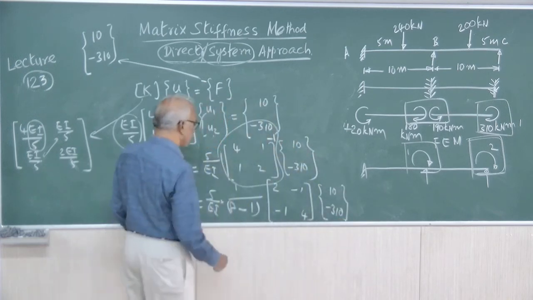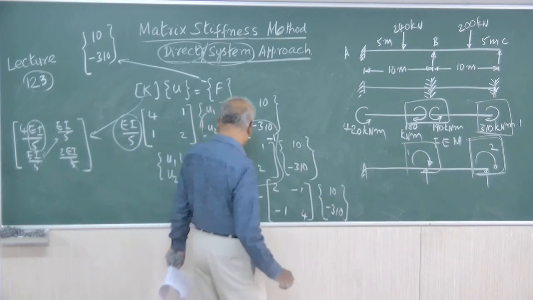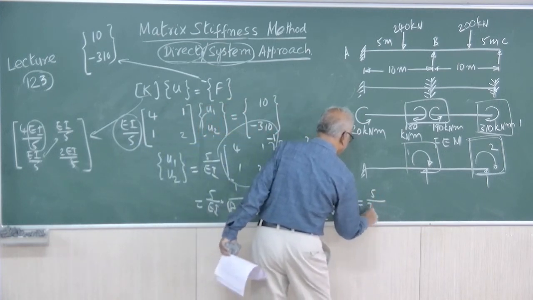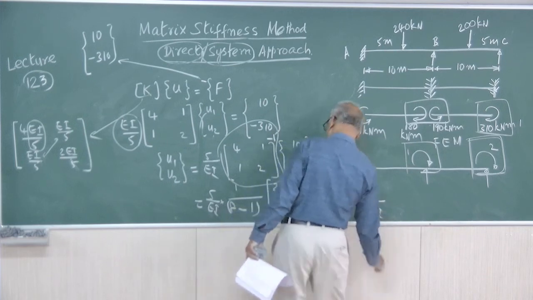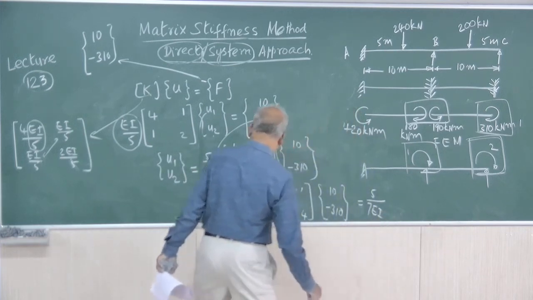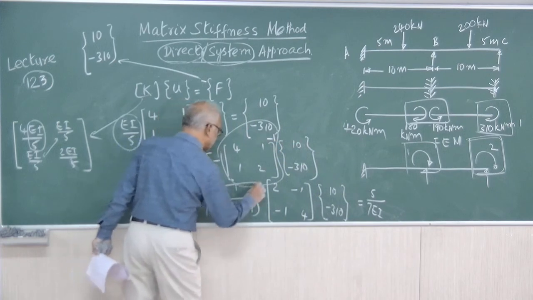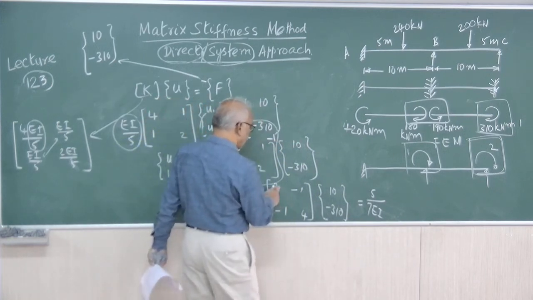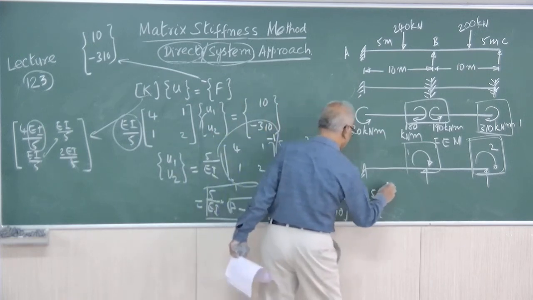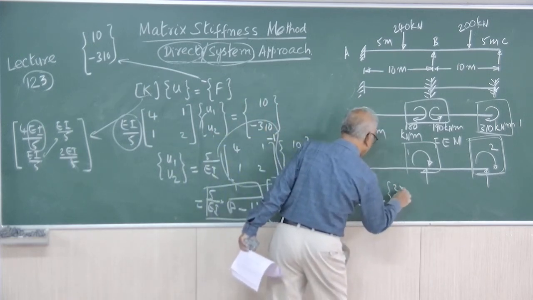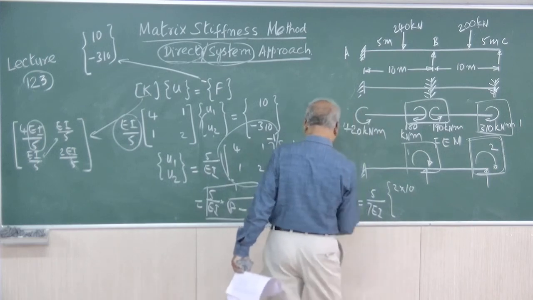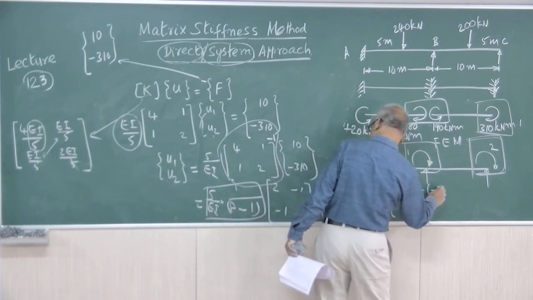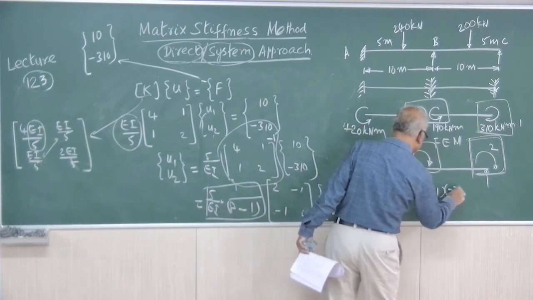So this is equal to 5 by 7EI into, the first value will be 2 into 10 minus of minus 1 into minus 310.